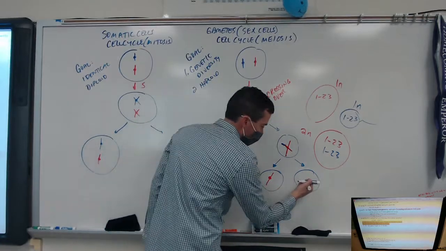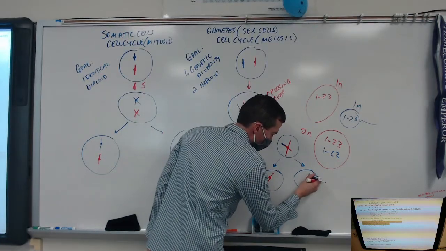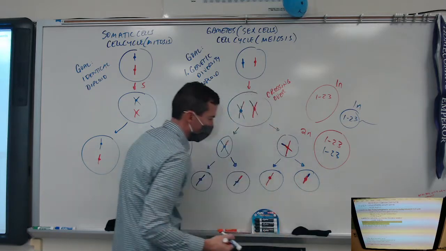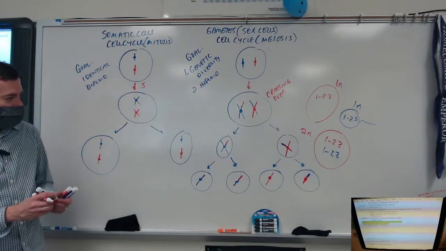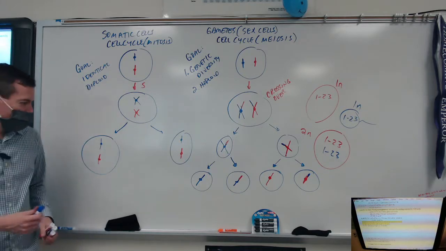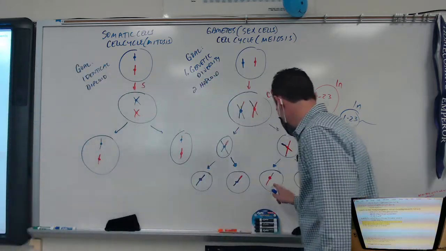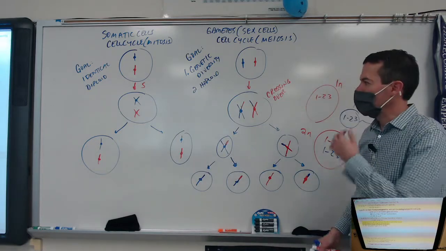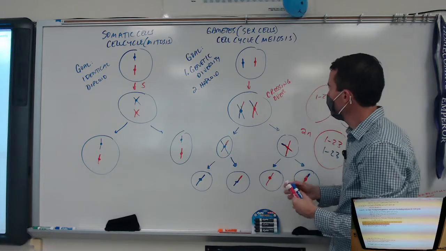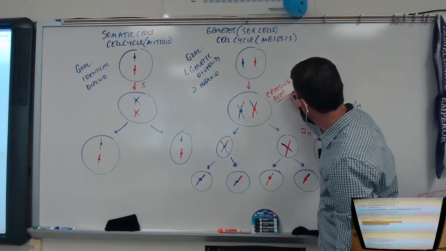And then it's red with a little bit of blue. Like that. So in the end, if this is a dude, all 4 of these are sperm. Are any of these sperm genetically identical to each other? No. So did we get some genetic diversity? How did we get genetic diversity? From crossing over.